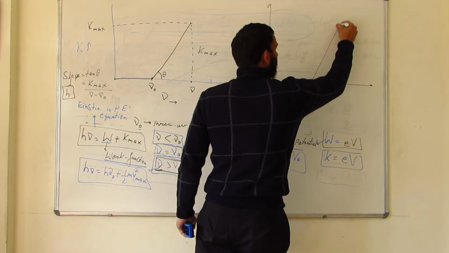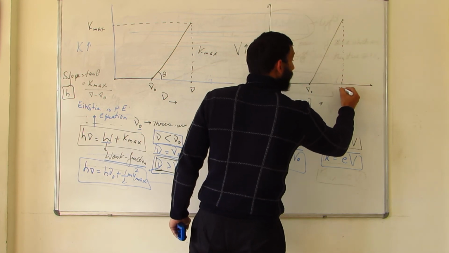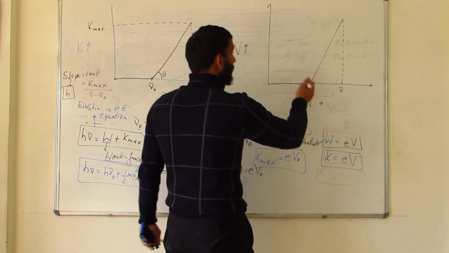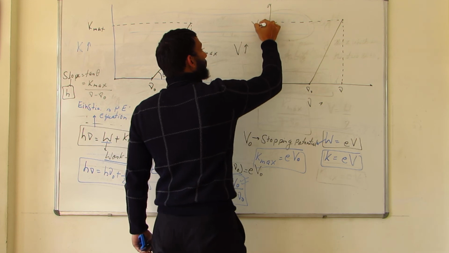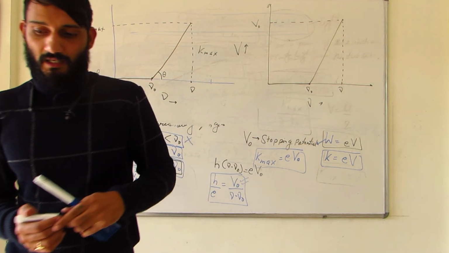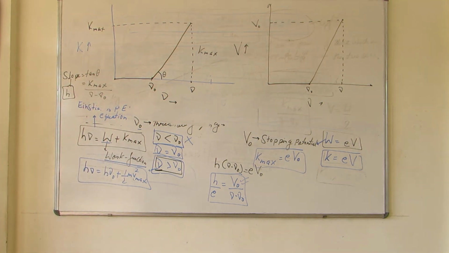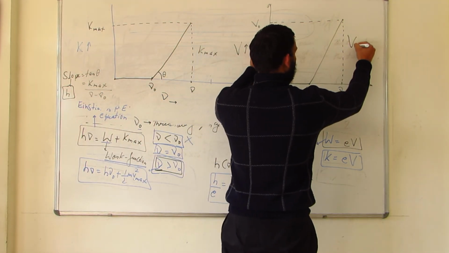After this, there is kinetic energy, and this is V naught, at frequency nu. This point has to be the stopping potential, which is the negative potential. Actually it should be down there, negative, but let us take it this way as of now, just to understand.